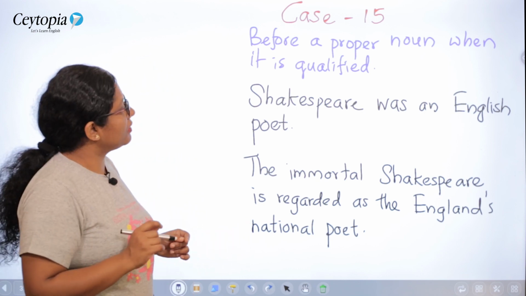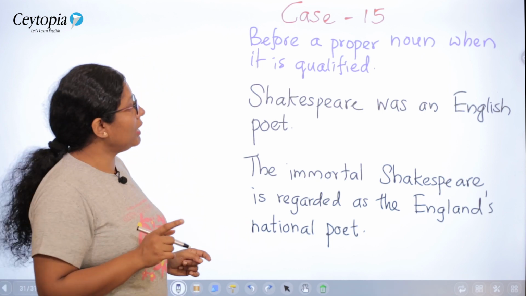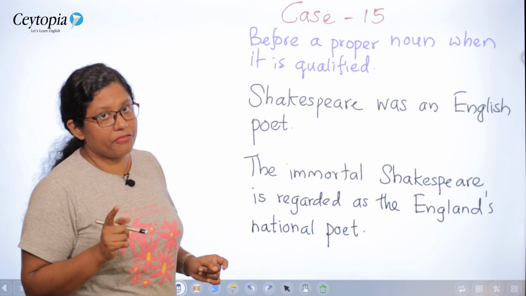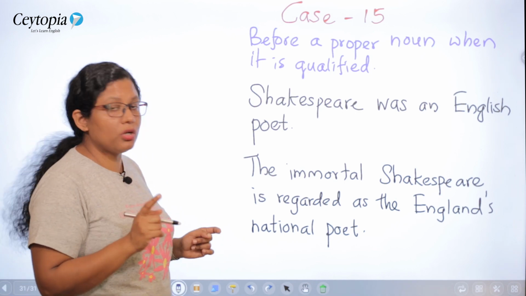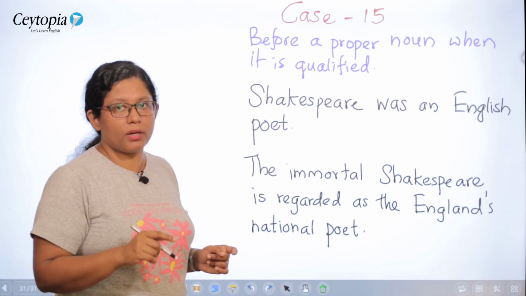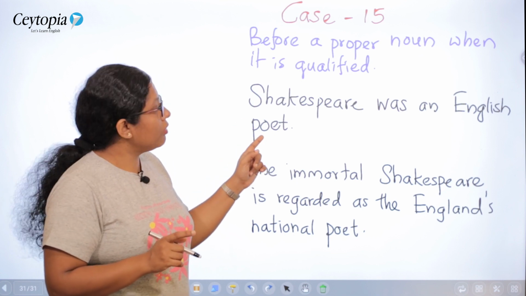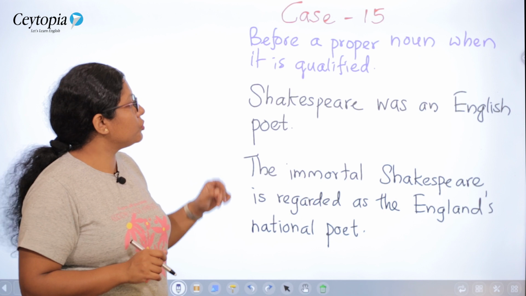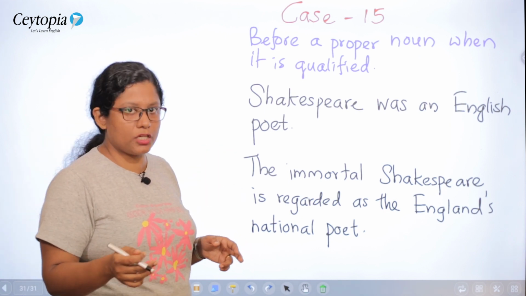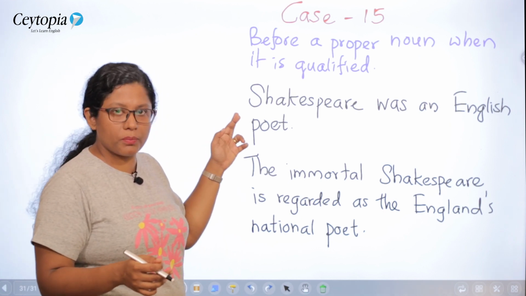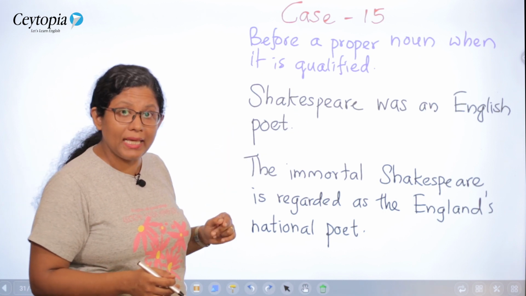Case number 15. Before a proper noun when it is qualified. Now we know we do not use the before a proper noun usually. For example, Shakespeare was an English poet. So you don't say the Shakespeare was an English poet. You don't have the before the proper noun because it is a special name.